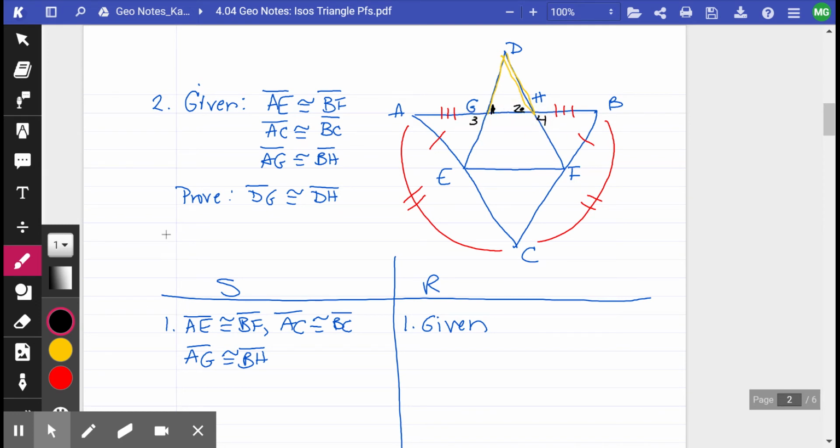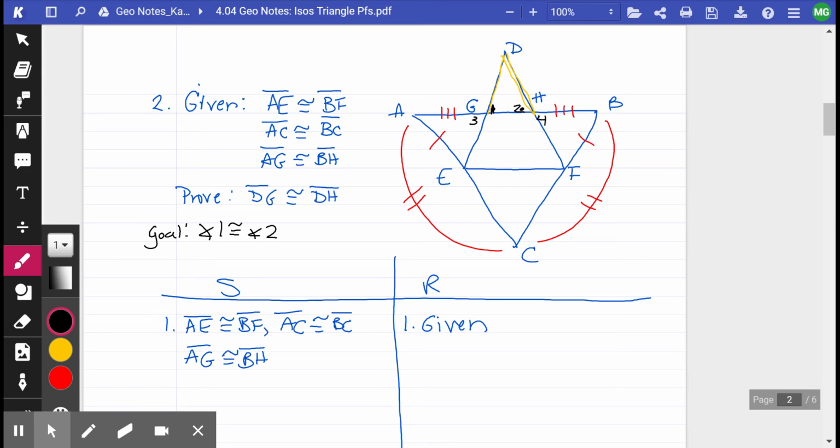So if I could get 1 and 2 to be congruent, then I could use my new theorem and say in a triangle, sides opposite congruent angles are congruent. Or I could say it's isosceles because the base angles are congruent, and then an isosceles triangle has two congruent sides.